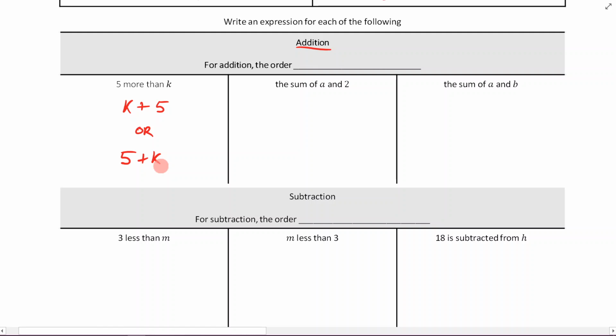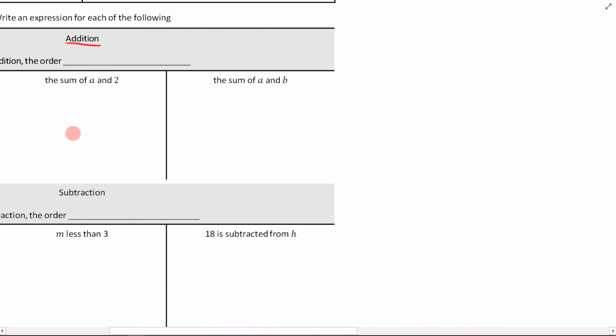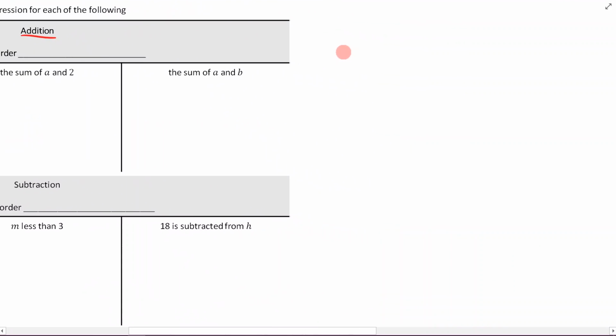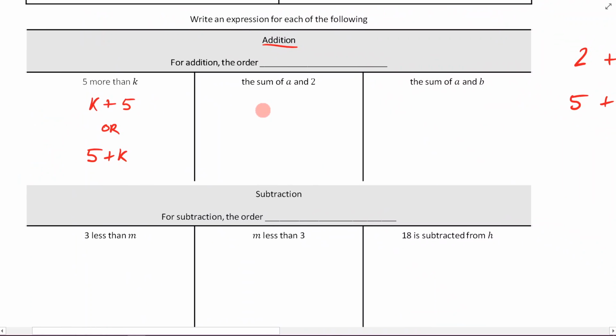And let me just prove this to you for a moment. Let me come over here. You don't have to write this down. But let's just say we had K plus 5. Let's let K equal 2. So 2 plus 5 is equal to 7. Well, what happens if I had 5 plus 2? What's that equal to? Well, that's also equal to 7. So the order does not matter. So we can come over here and we can say for addition, the order does not matter.